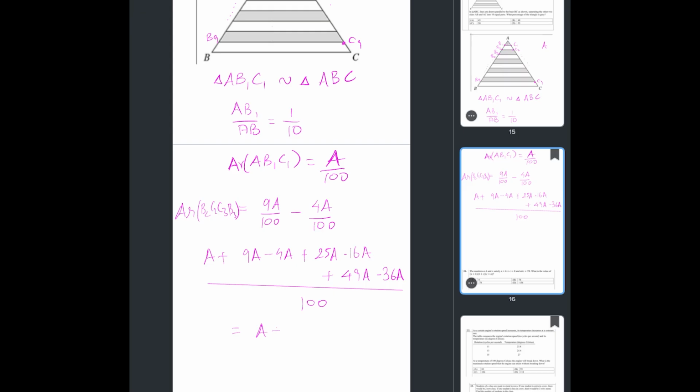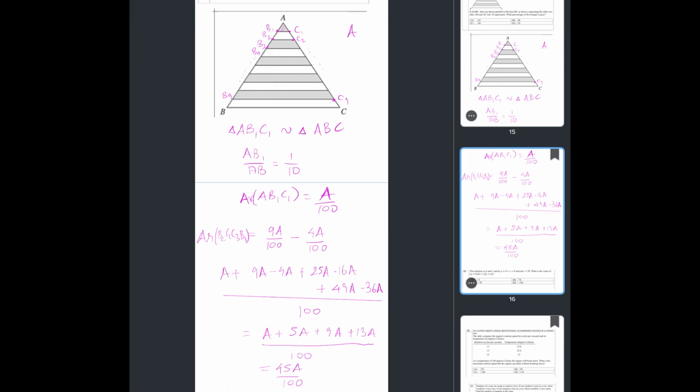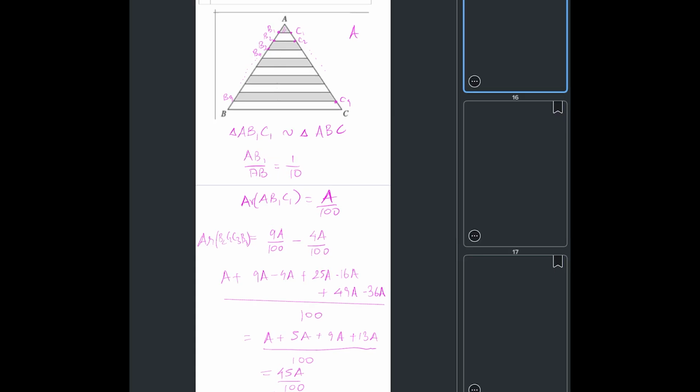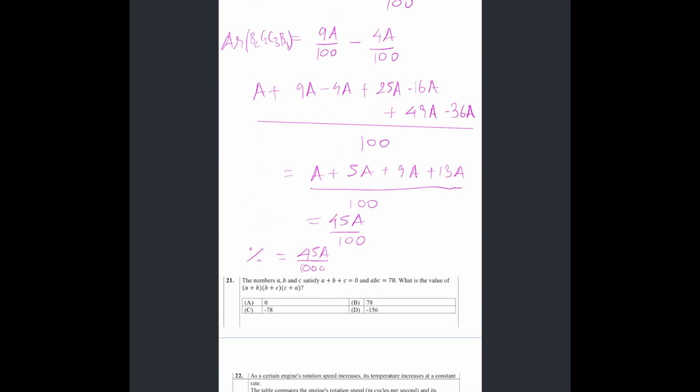So the area will be A plus 5A plus 9A plus 13A by 100, which gives us 45A by 100, and we took the area of the bigger triangle as A. So the percentage will be 45A by 100 divided by A into 100%, which is 45%, right? So the answer is 45.